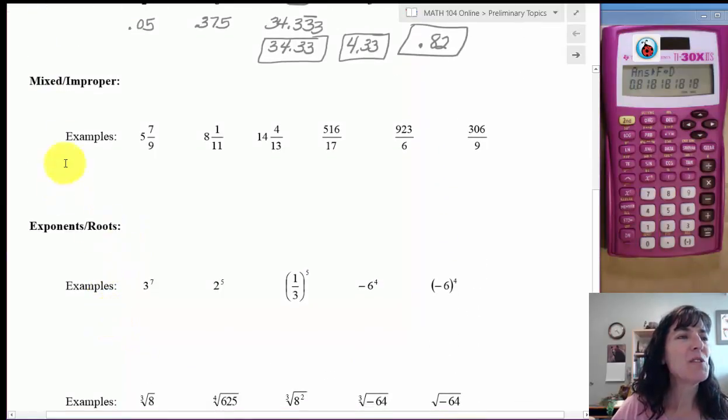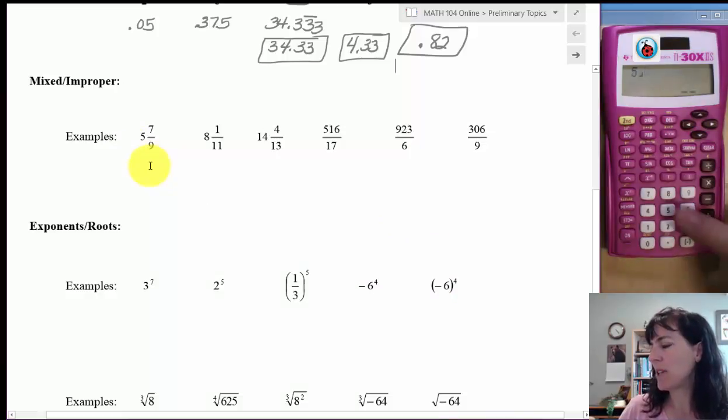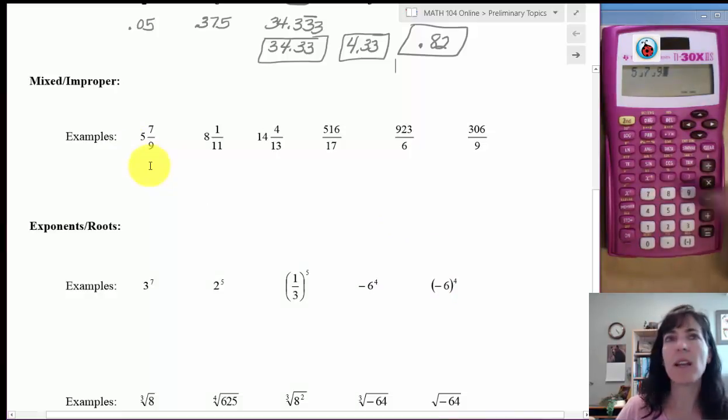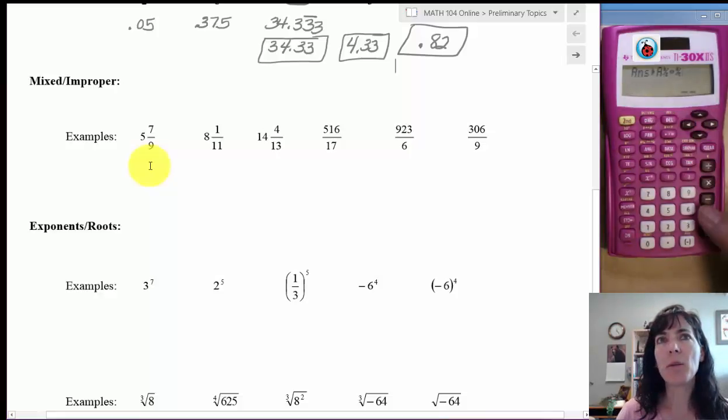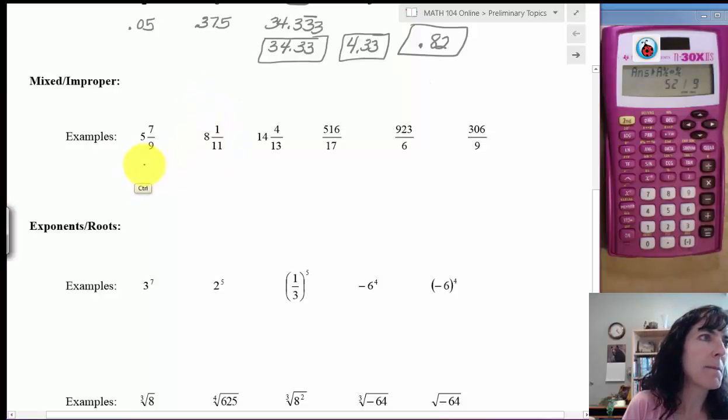Okay, so here are some mixed numbers and some improper fractions. And we kind of like to go back and forth between those. So if we do 5 7/9, we can do 5 ABC, 7 ABC, 9, 5 7/9. And it's giving it to me in that form. I can make it an improper fraction and get 52/9.